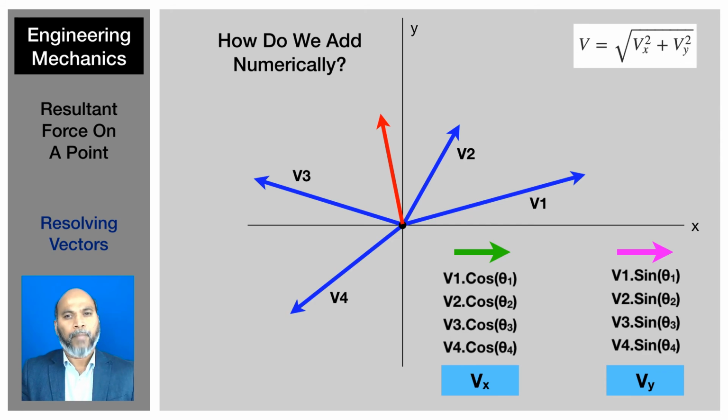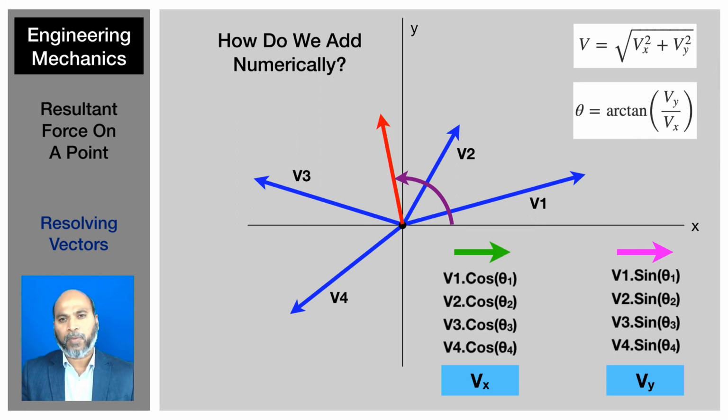The magnitude of the force is calculated by squaring Vx and Vy, adding them and taking the square root: square root of Vx squared plus Vy squared. And if you want to calculate the theta, the angle that is subtended by the red line with respect to the positive x-axis, the theta is essentially the arctan, tan inverse of Vy over Vx.